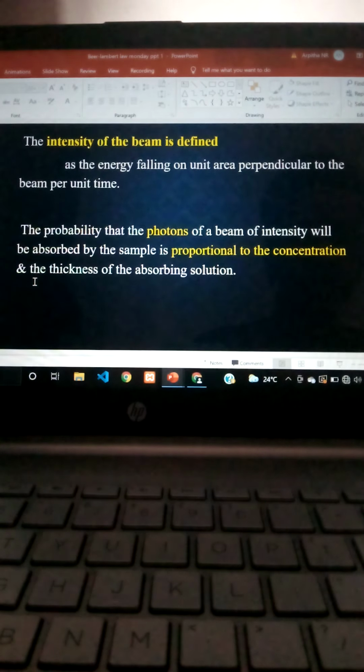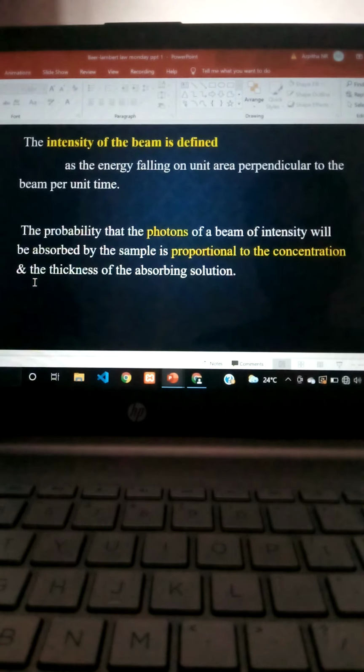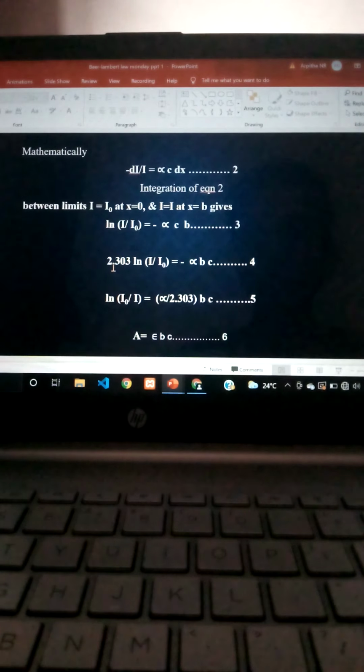The photons of the beam absorbed by the sample are proportional to the concentration and also proportional to the thickness of the absorbing solution. So next, consider the equation: minus dI by I is equal to alpha C into dx. This is called equation 2.